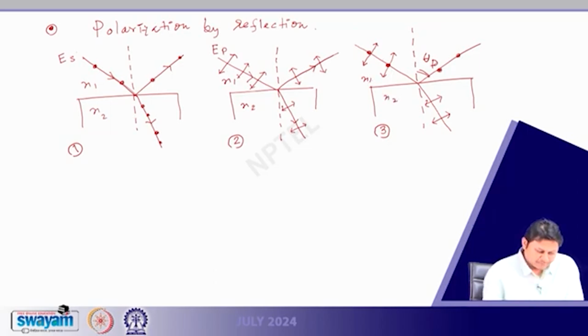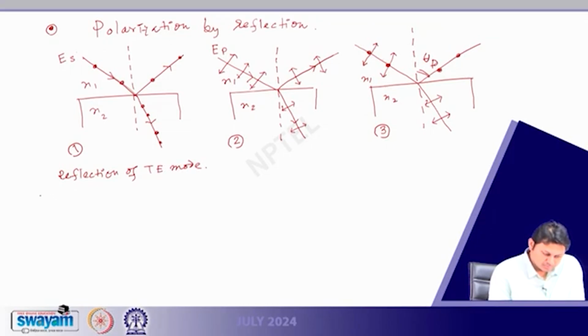So the reflection of the TE mode, the transverse electric mode, is the case that we are getting here. T means transverse.